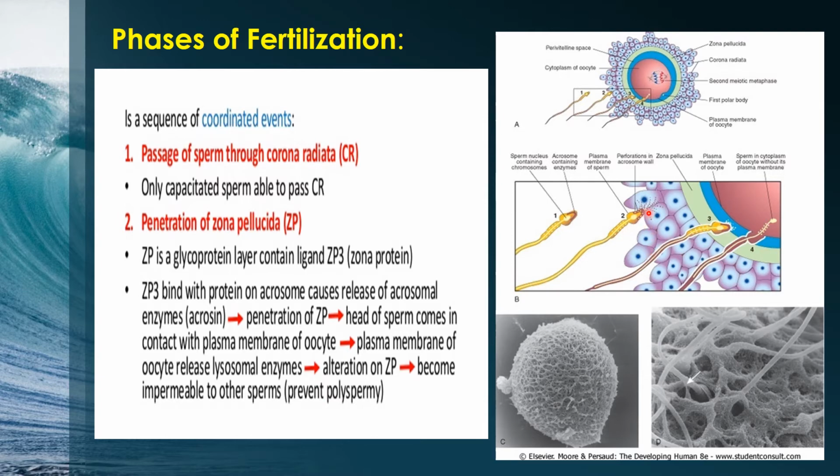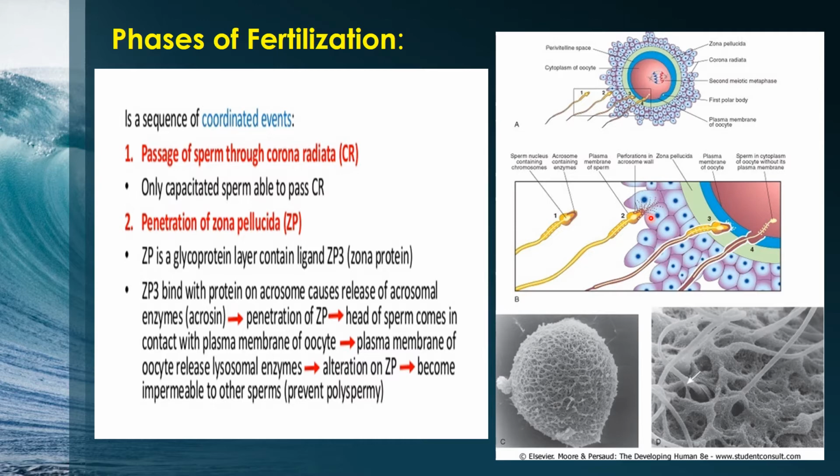Now, when a capacitated sperm comes in contact with the corona radiata cells, there is a release of enzymes from the acrosomal cap, these acrosomal enzymes, and it causes the lysis of the corona radiata cells. These cells are dispersed and make a passage for the sperm to reach the zona pellucida.